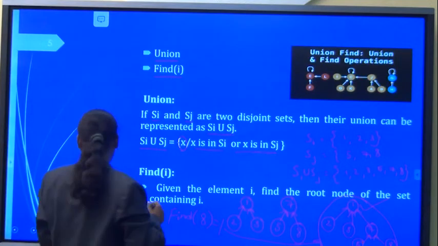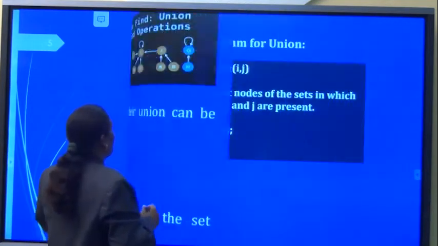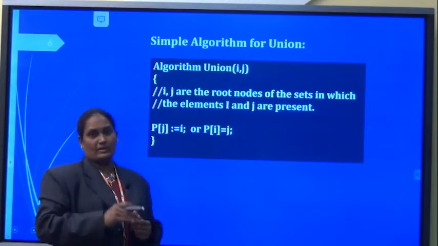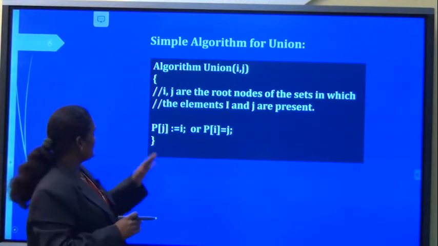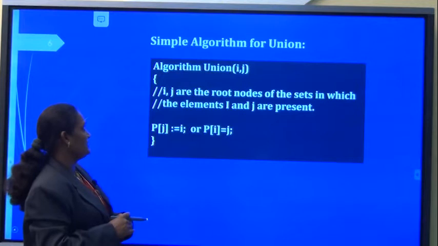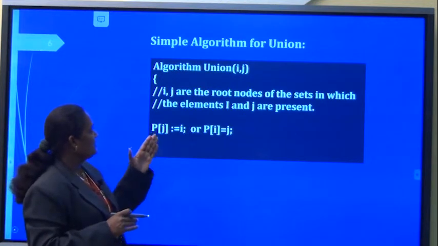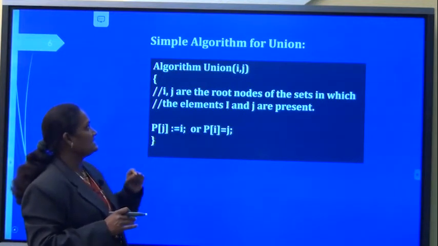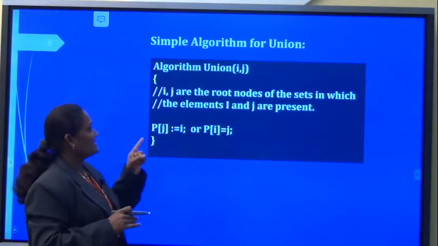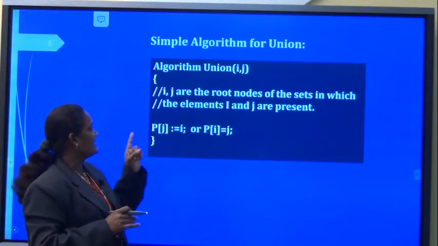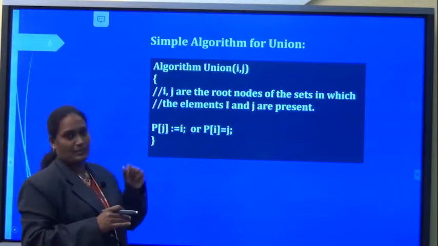Now I am going to explain the algorithms for simple union and simple find. This gives the algorithm for simple union: Algorithm union of I comma j. Here I and j are the root nodes of the sets in which the elements I and j are present.